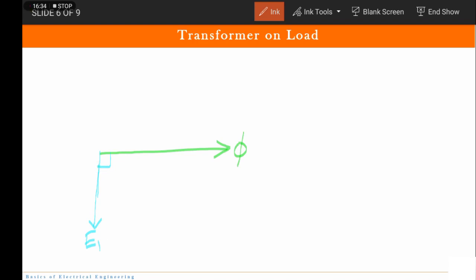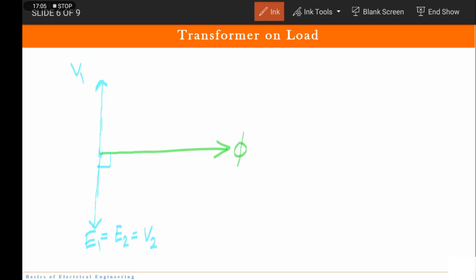Now this E1 will be the same as E2. I'm talking about the resistive condition, when the load is resistive. So all these are the same: E1 is equal to E2 is equal to V2. Now V1 will be in phase opposition to V2, so this is exactly in the opposite direction.